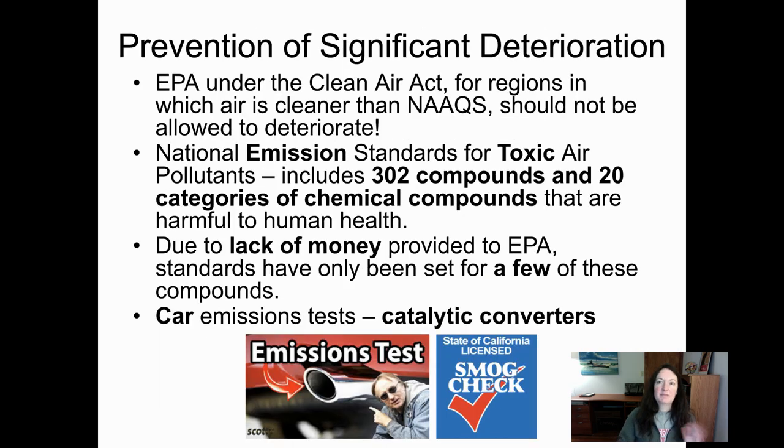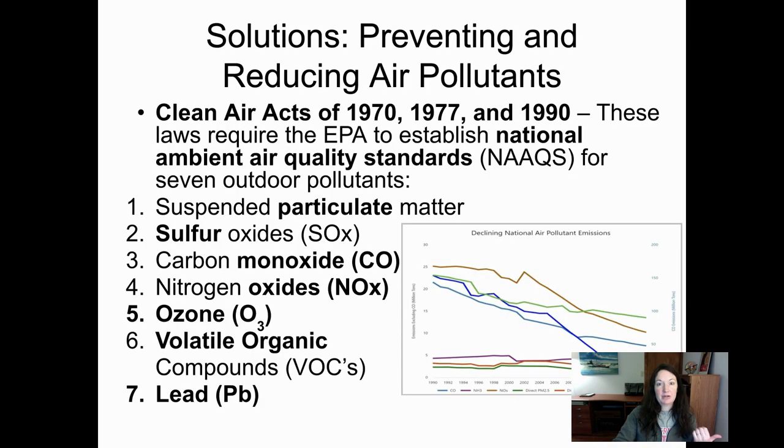To prevent significant deterioration in our health and in materials, the EPA, under the Clean Air Act, released national air quality standards. Oh, here I went too fast. There we go. Let's talk about preventing air pollution. The Clean Air Acts of 1970, 77, and 1990 are major laws that went into place through Congress.